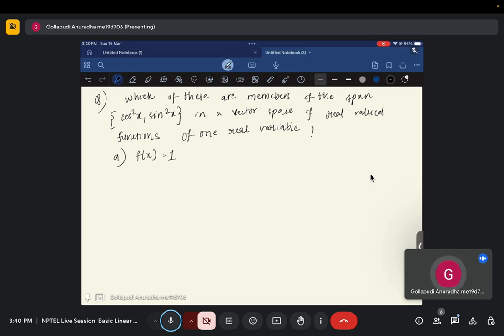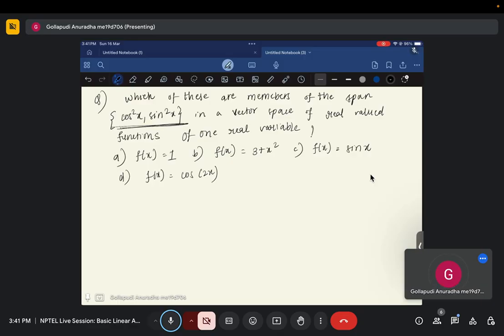So one real variable is x, and f is a real function. So you have functions here. Which one will be spanned by whatever vectors I gave here? Which of these four functions will be spanned by cos square x and sin square x?